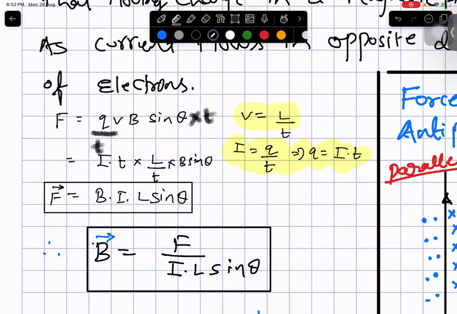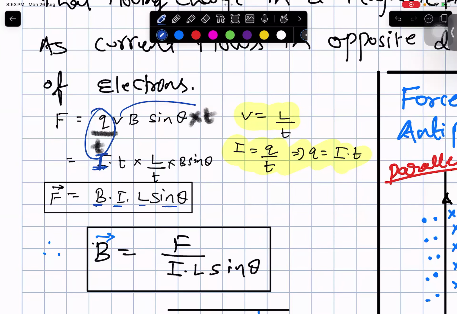So Q upon t, the charge upon time, is nothing but the current I. And the velocity into time, speed into time, will be the length L. So it turns out to be B into I into L and sine theta.